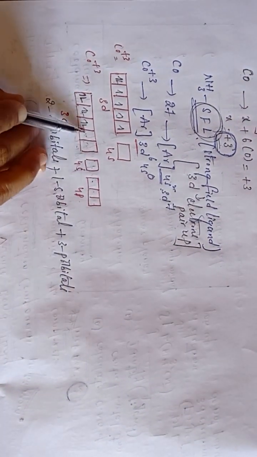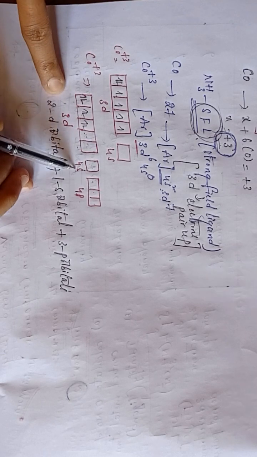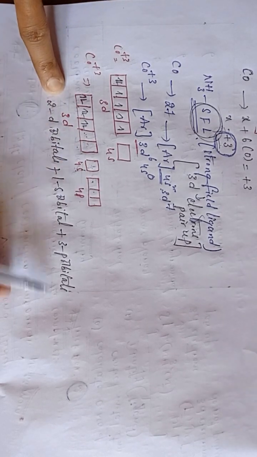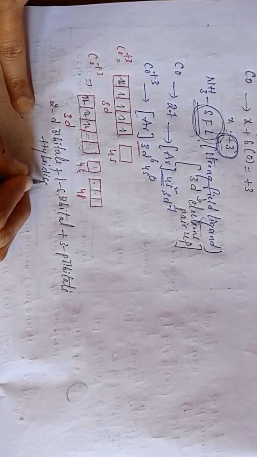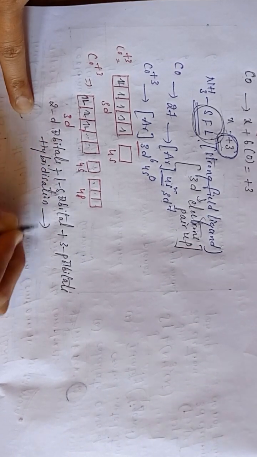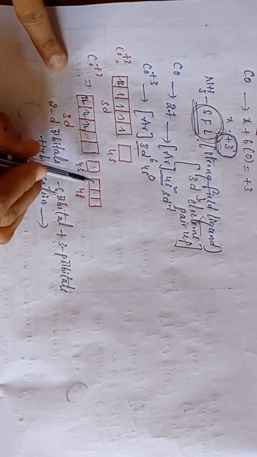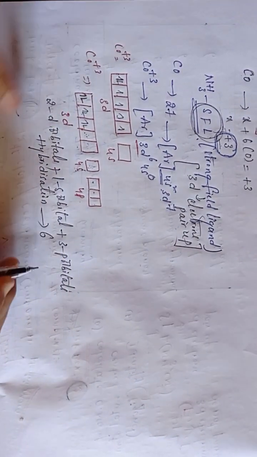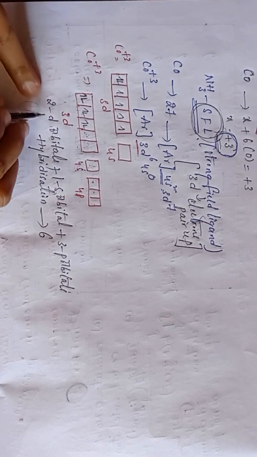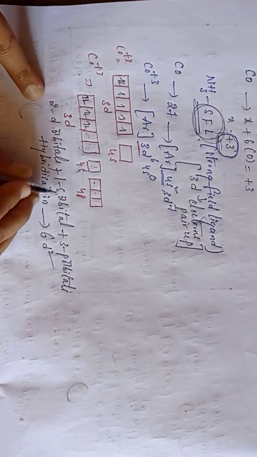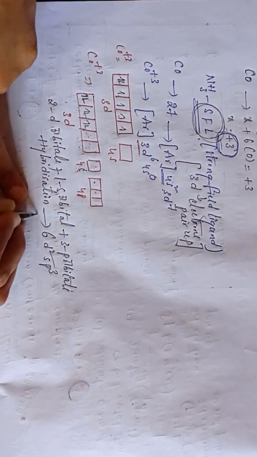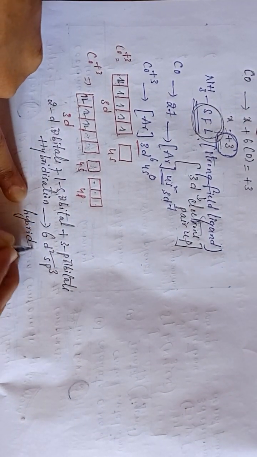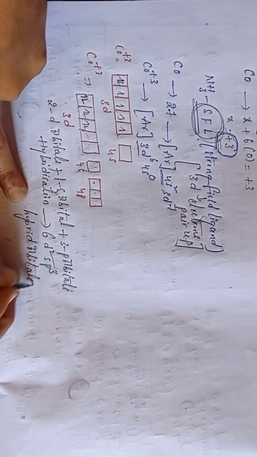Clear? So 2 d orbitals, 1 s orbital, 3 p orbitals undergo hybridization, students. Then it produces a total of 6: d2 sp3 hybrid orbitals. Clear? d2 sp3 hybrid orbitals are formed.